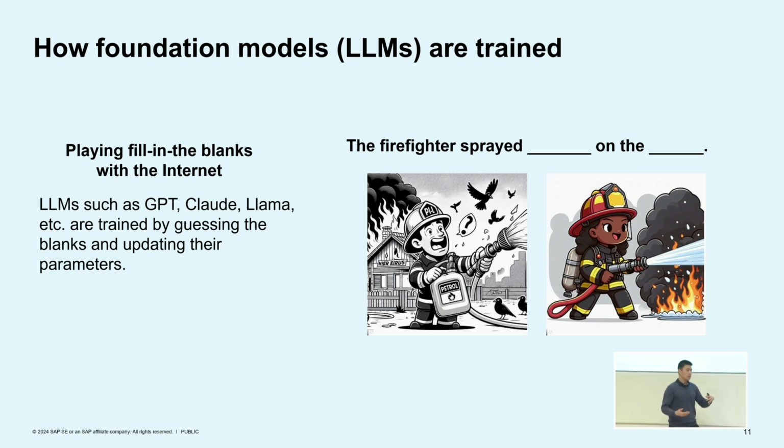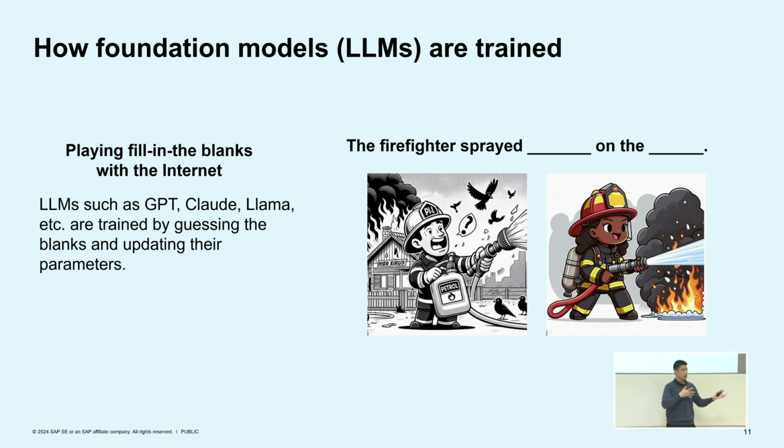The answer is the firefighter sprayed water on the fire, right? And then GPT will update its parameters, right? In this case, we talked about the previous model only having 2 parameters. GPT-3 has 175 billion parameters. GPT-4 about 1 trillion parameters. It will update its parameters and say, oh, OK, what do I need to update so that it's the firefighter sprayed water on the fire?